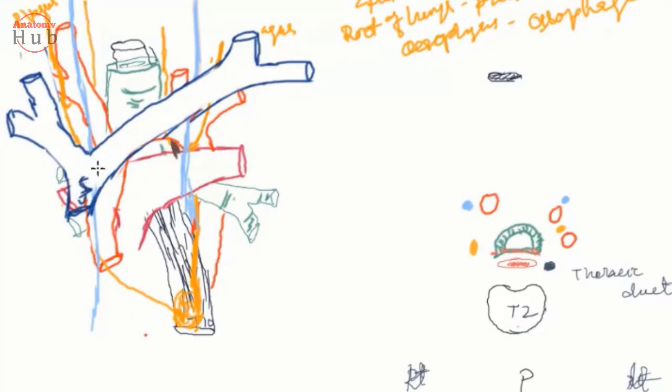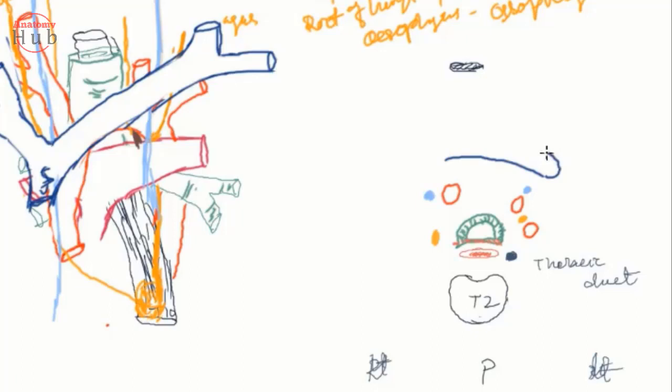Okay, so you just draw this thing over here, that from the left side, here we have taken this section. So here you'll find the section of your left brachiocephalic vein.